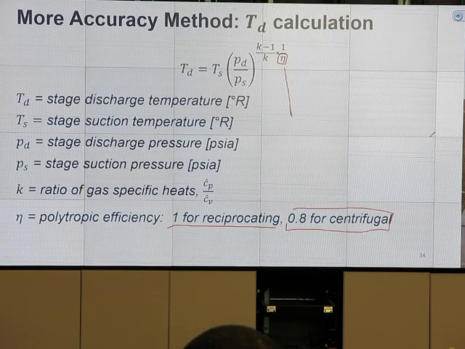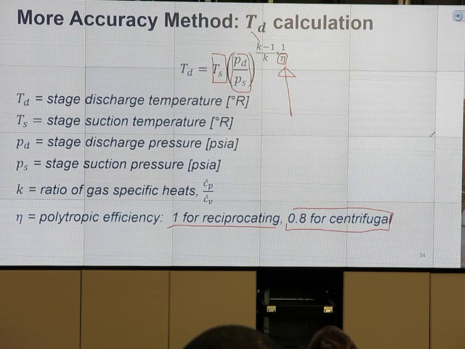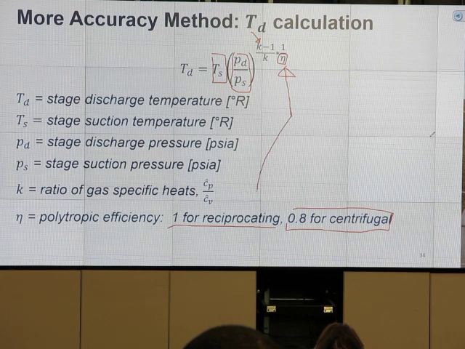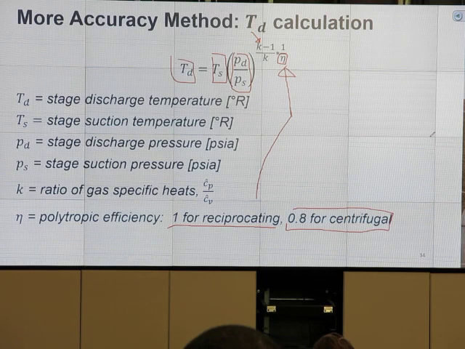So that eta will tell me, if I use a reciprocating unit, what should be the discharge temperature. I need to know suction temperature, compression ratio per stage, K value of gas, about 1.3 or 1.4. Put everything in, and if it is a reciprocating compressor, I put eta equal to 1. Then I get discharge temperature.